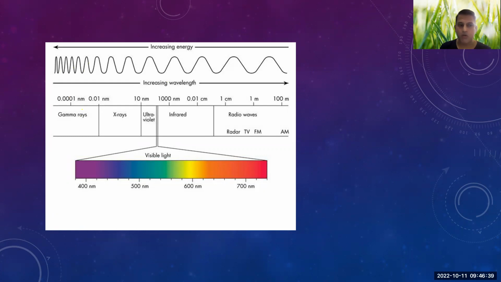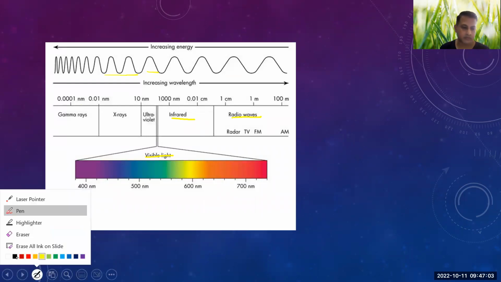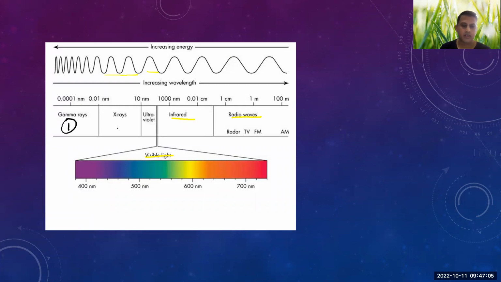The most powerful are the gamma rays, they have a short wavelength. Then the X-rays, they again have a short wavelength. Then next is UV light. Then the visible light, then infrared light and radio waves. Gamma rays, X-rays, UV, visible, infrared, radio waves.